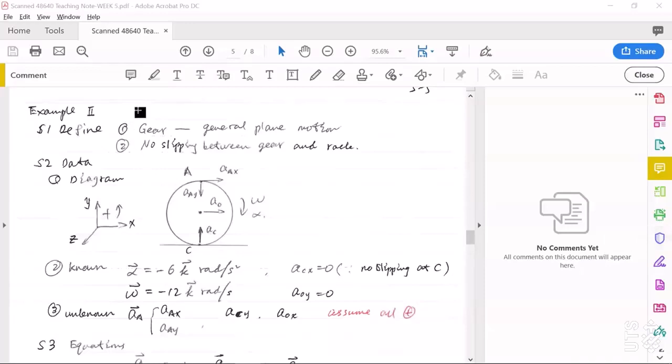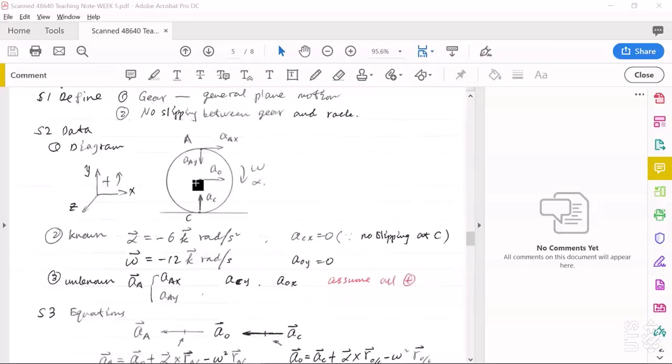So to find this problem, you know this gear is undergoing general plane motion and no slipping between the gear and the gear rack. So the contact point C must be the IC point.